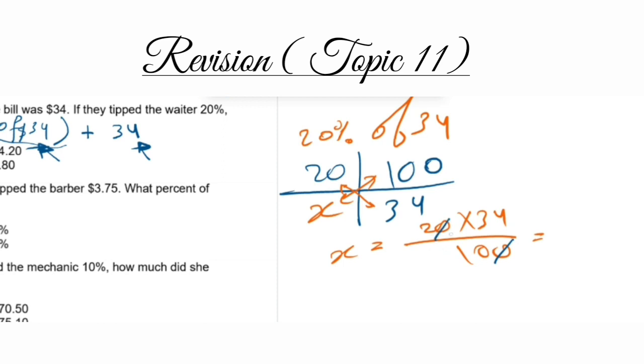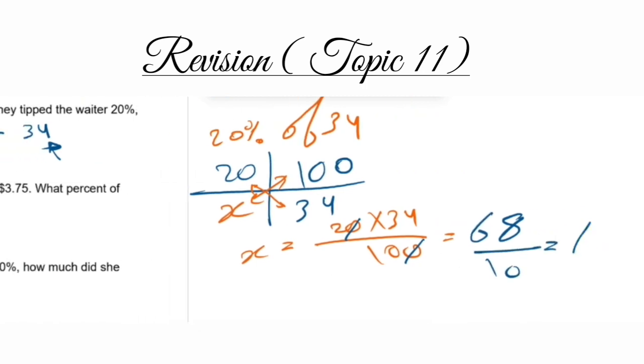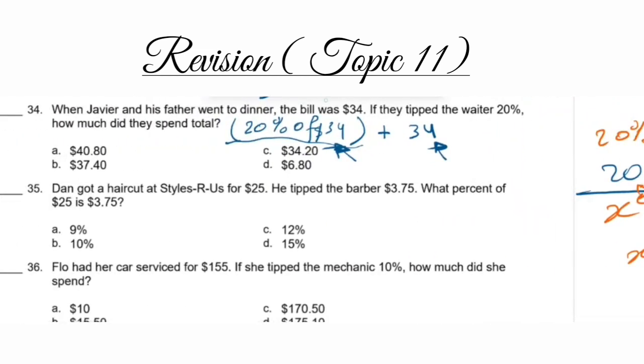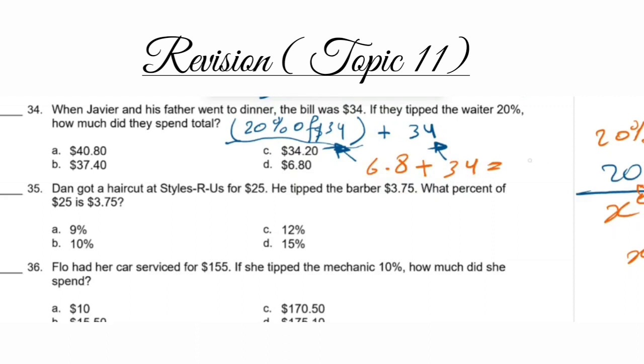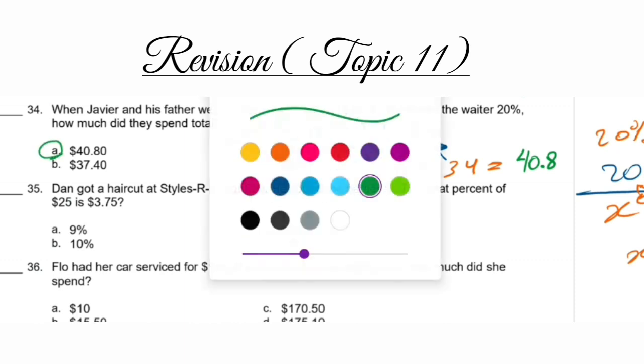So remove the 0, and 2 multiplied by 34. 2 multiplied by 4 is 8, and 2 multiplied by 3 is 6, and divided by 10, place the point after one digit, so it's 6.8. Take this to the question. So we need to add 6.8 to 34. Add this, you will find the answer, which is 40.8.